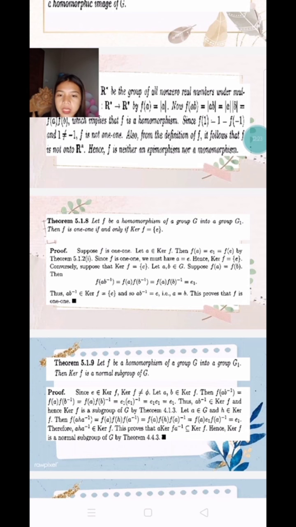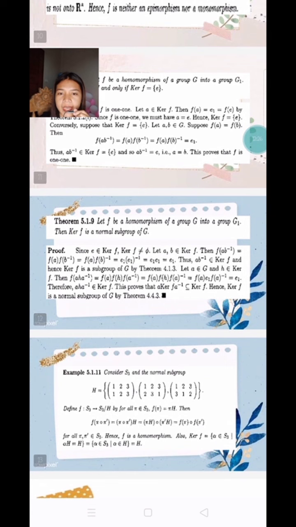Theorem 5.1.9. Let f be a homomorphism of a group G into G sub 1. Then kernel of f is a normal subgroup of G. So, we have the proof here. Since e is an element of kernel of f, kernel of f is not equal to the empty set. Let a and b be elements of kernel of f.